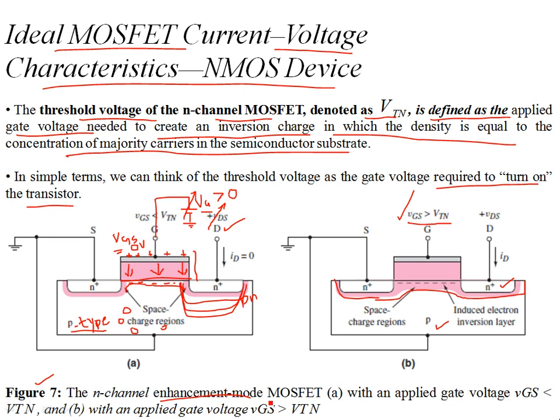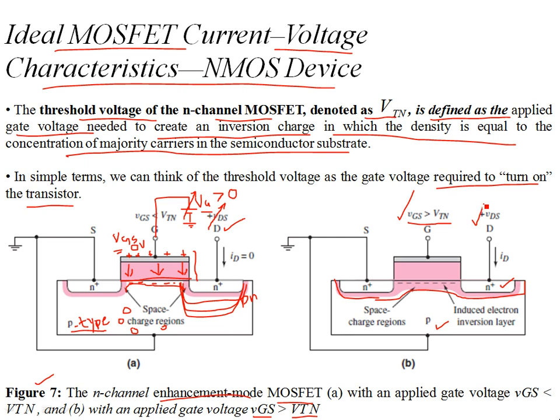So for enhancement mode, for this NMOS MOSFET, you need to have a positive gate voltage, and it should be at least the threshold voltage, to create enough charges in the channel which can ensure the conduction of current given the application of the drain voltage VDS.